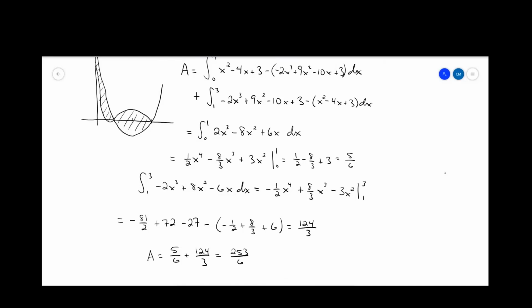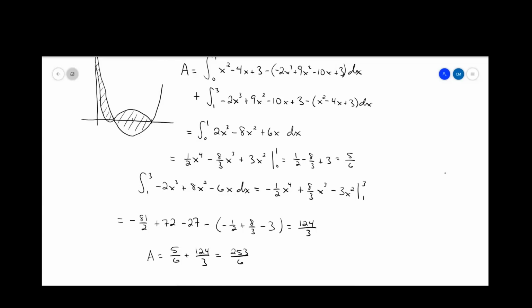And then for this, if I plug in 1 there, that should be minus 3. Is that okay now? Let me fix that. So minus 27 there.